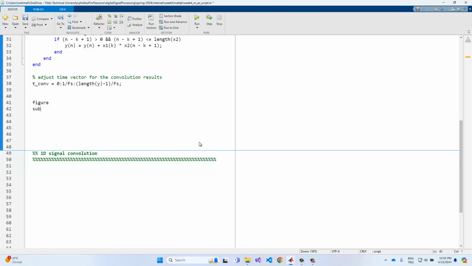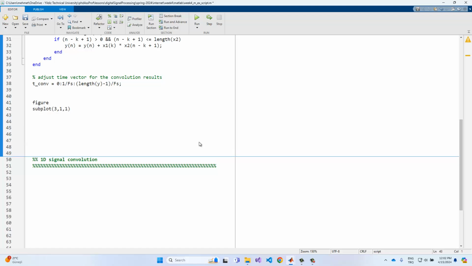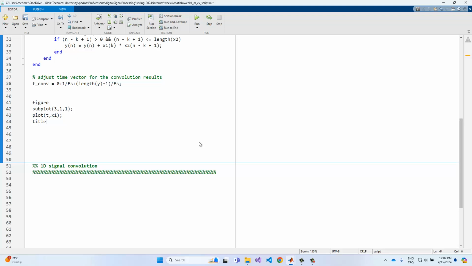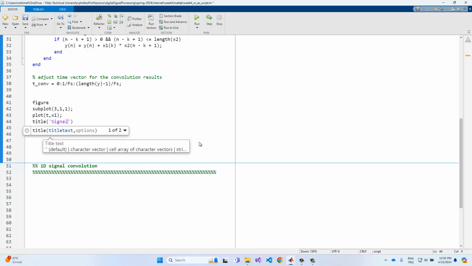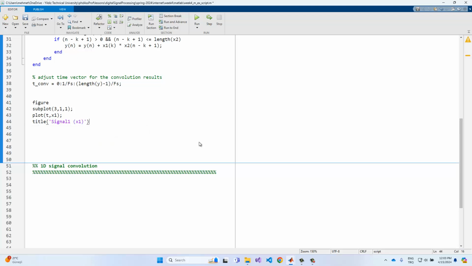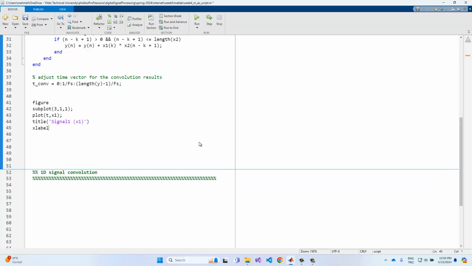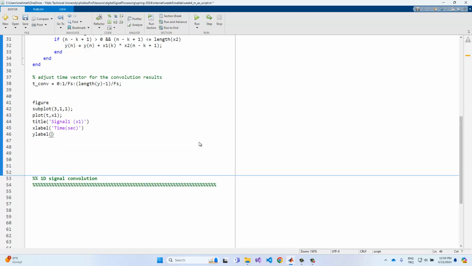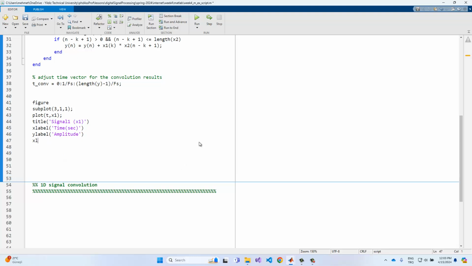Figure, subplot(3,1,1) and plot(t, x1), and title 'signal 1 x1', xlabel is 'time (sec)', ylabel is 'amplitude', and xlim should be limited with what?